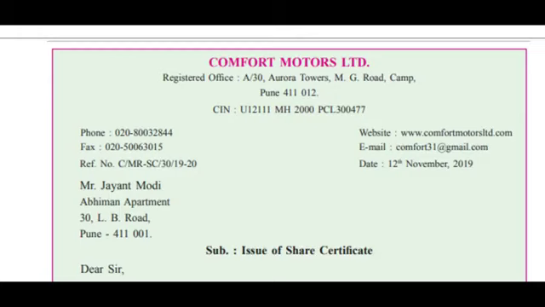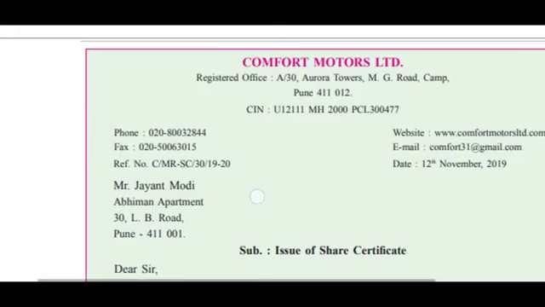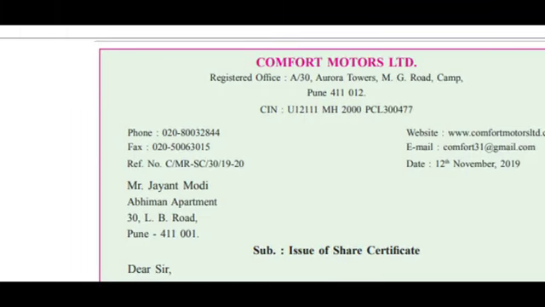Pay attention, you are not supposed to write any number more than 21 digits. Then coming to the right hand side, you have got website, email and date. To the left hand side, you have got phone number, fax and then reference number. Till here, this is common for all letters.